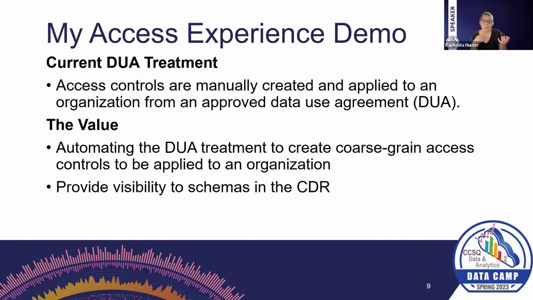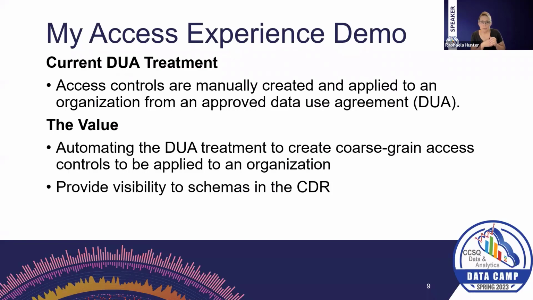So what's the business value for the community? What's the business value of providing this ability to identify schema quickly within the central data repository? And the answer is simple: increased productivity.